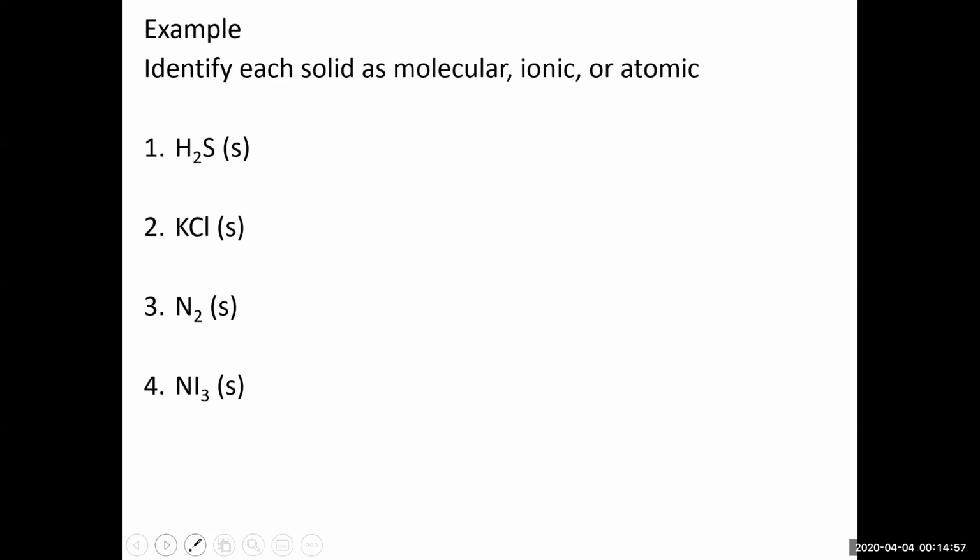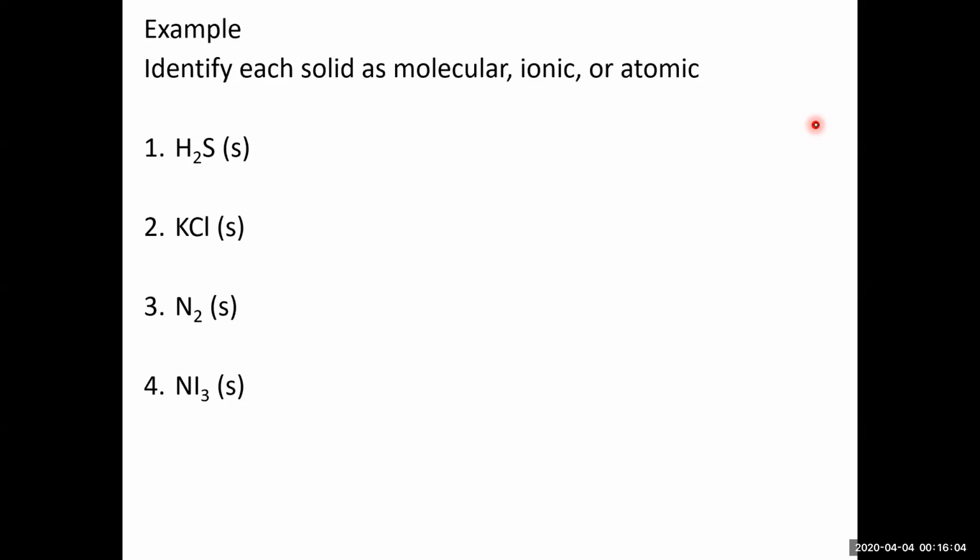So for each of these four solids, let's identify them to be either molecular, ionic, or atomic. For number one, we have H2S. H2S is composed of two or more different types of atoms. These are covalently bonded.